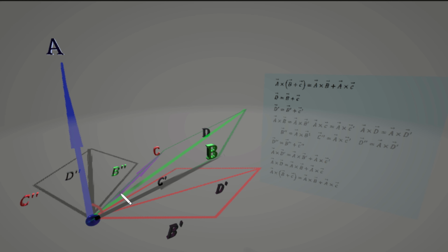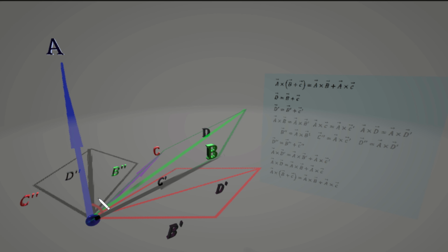So this B double prime bar, D double prime bar, C double prime bar are perpendicular to the A bar and lie on the same plane, and they constitute a parallelogram.